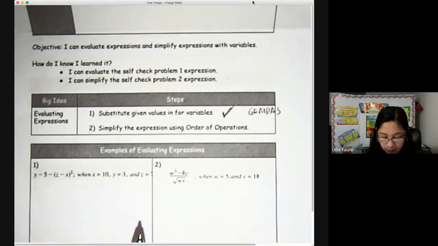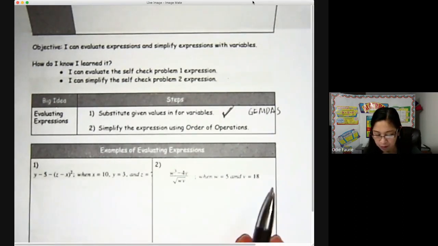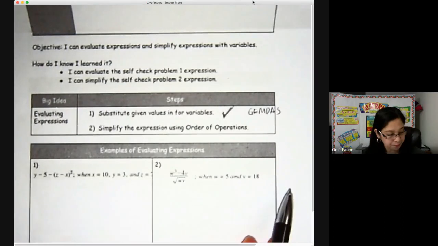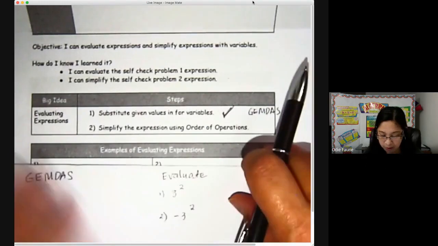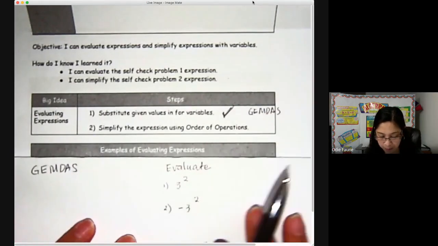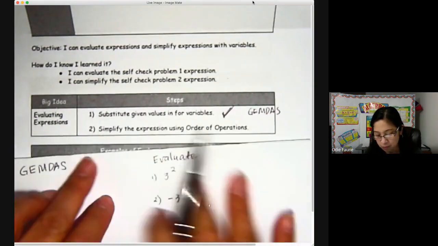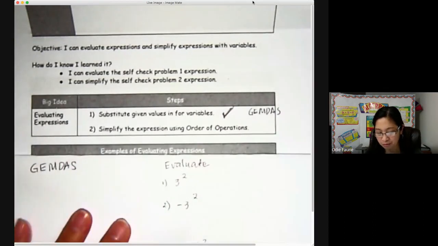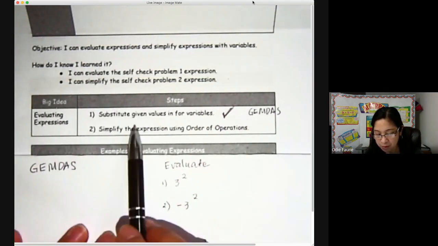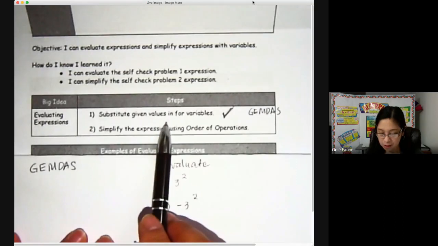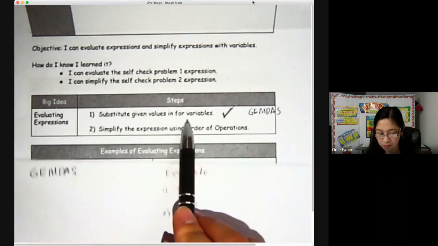So one of the big ideas that we will come across is evaluating expressions. And to help you with this, I have written here 2 steps. So basically, this is a 2-step process. When we evaluate an expression, the first step is to substitute given values in for variables.